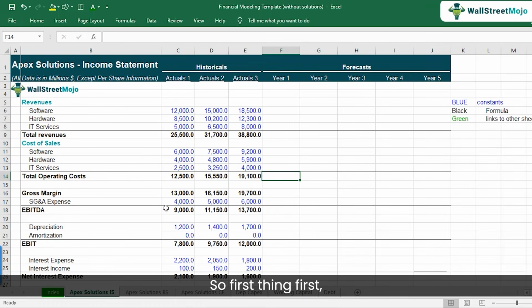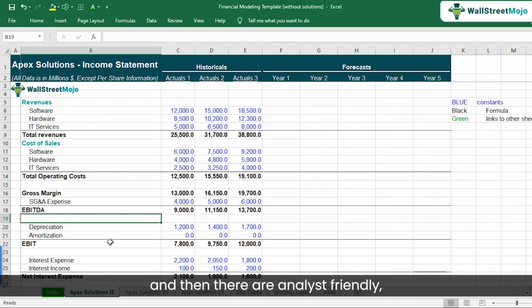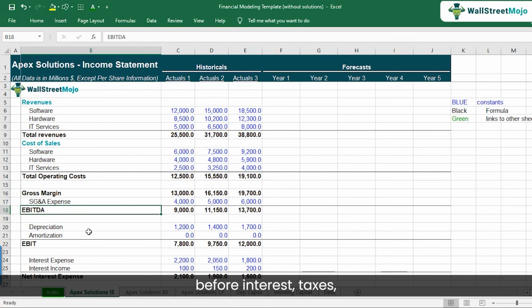First things first, when it comes to the analysis, we start with the income statement, and we try to figure out how much the profitability of the company has been, what the costs are, and what the margins are. Then there are analyst friendly terminologies like earnings before interest, taxes, depreciation, and amortization, that is EBITDA.